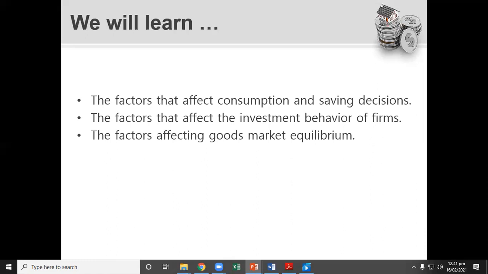We define desired consumption as the aggregate quantity of goods and services that households want to consume, given income and other factors that determine households' economic opportunities. We will analyze desired consumption and its responses to various factors, such as income and interest rate, by examining the consumption decision of an individual household.